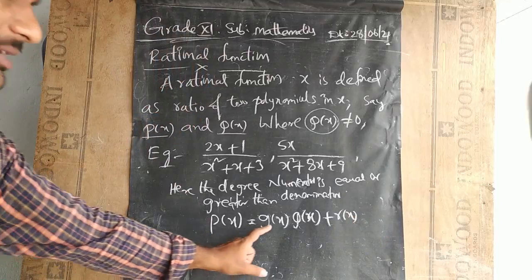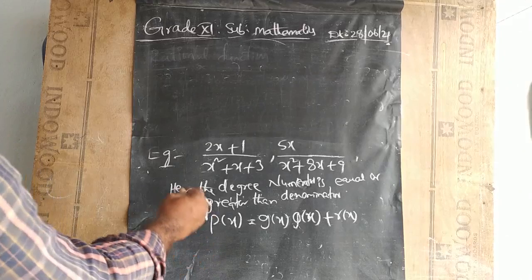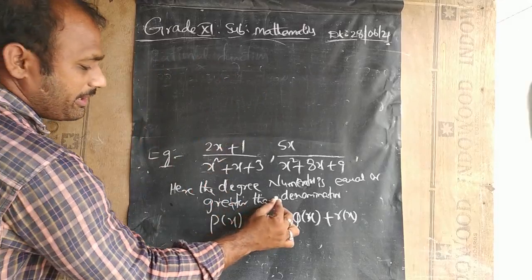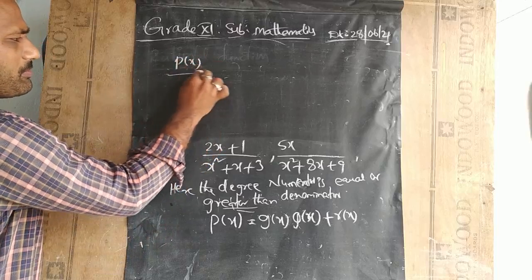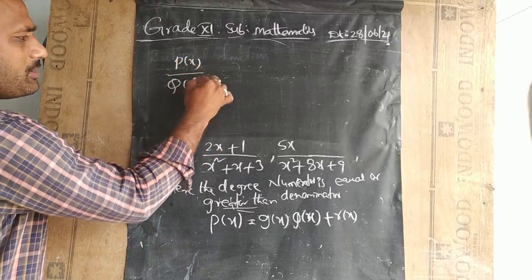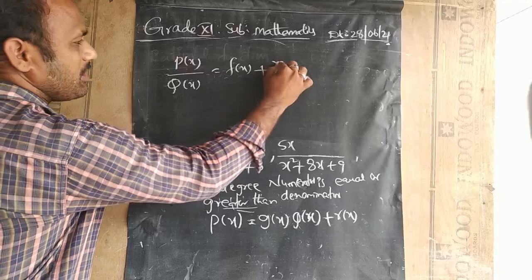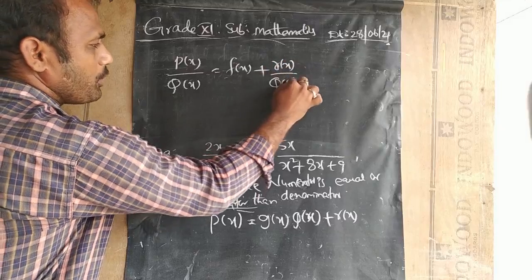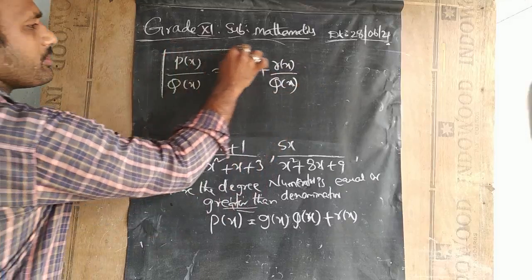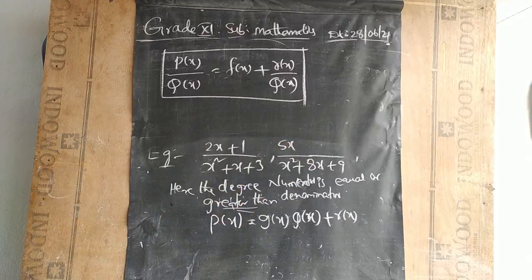That is, dividend is equal to divisor into quotient plus remainder. So if the degree is greater than the denominator, you will perform the division p of x by q of x. We will get some quotient plus r of x remainder by q of x. This manner we are going to solve the rational functions.